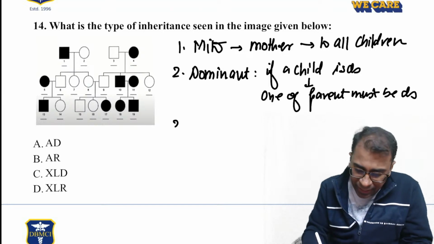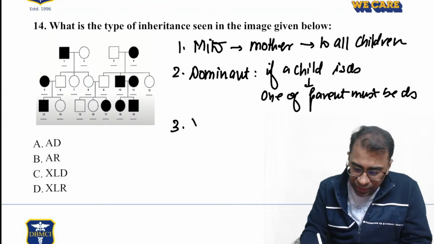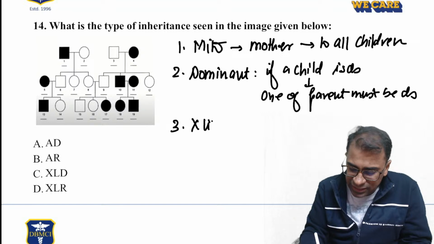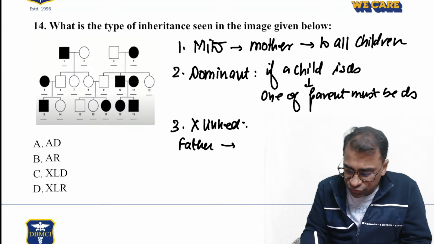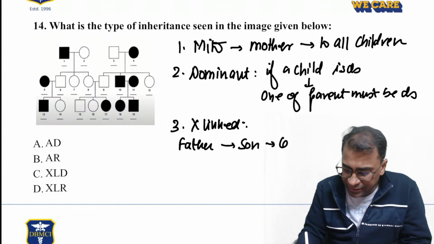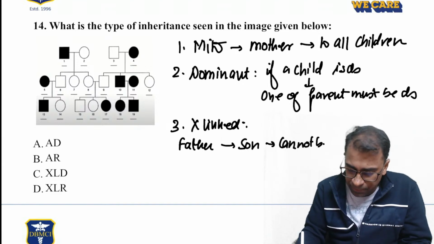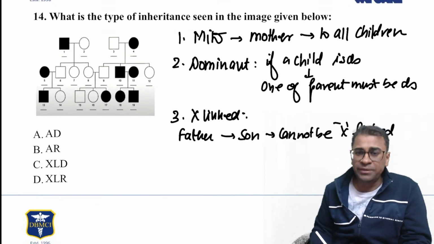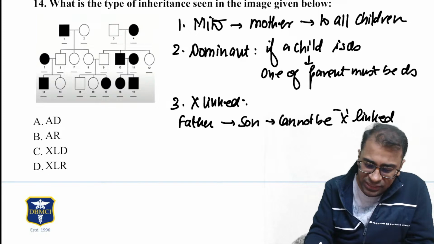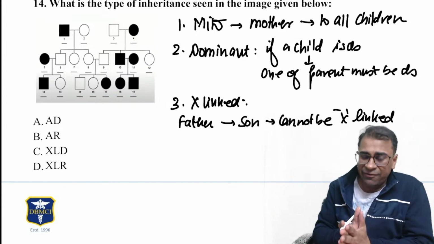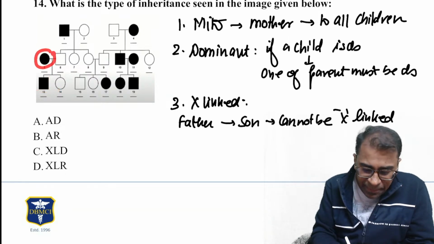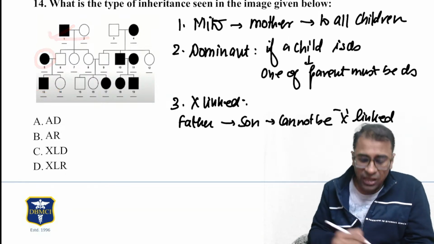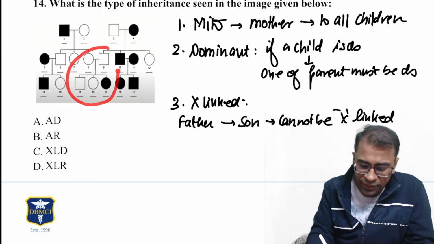And the third is the X-linked rule. The X-linked rule says that if a father is transmitting to a son, it cannot be X-linked. I completely agree that if you go from down to up here, this parent is diseased, again this parent is diseased, but the same rule is not being followed here.